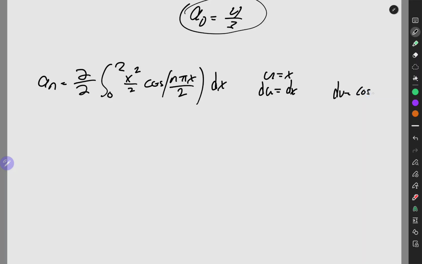dv. V is 2 over n pi sine of n pi x over 2.